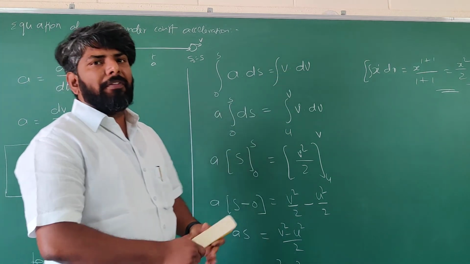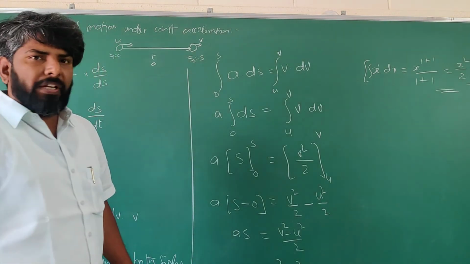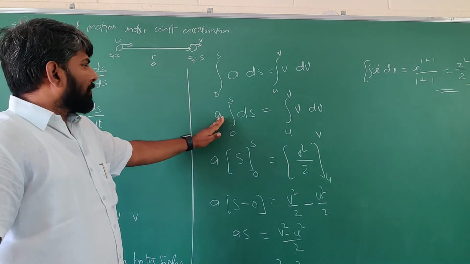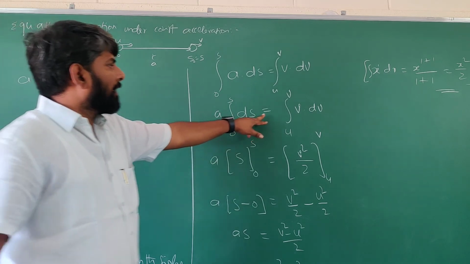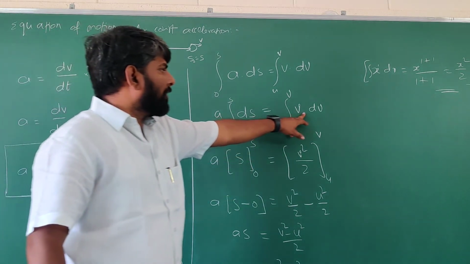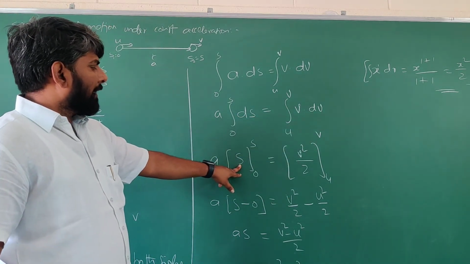Integration of v into dv, velocity goes from u to v. Now a is constant acceleration, so it comes out, remaining integration of ds equal to integration of v into dv.